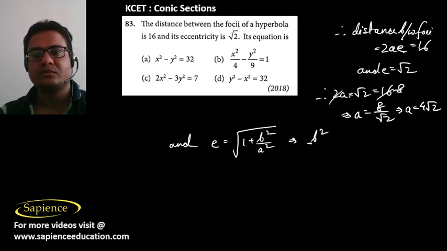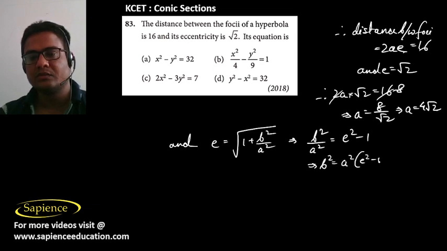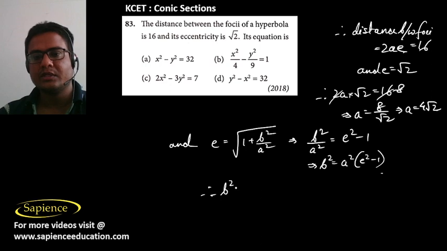So we can say that b square by a square equal to e square minus 1. So b square is equal to a square into e square minus 1. So b square here, a is how much? A is 4 root 2. So a square is 4 root 2 whole square into e square is 2 minus 1.